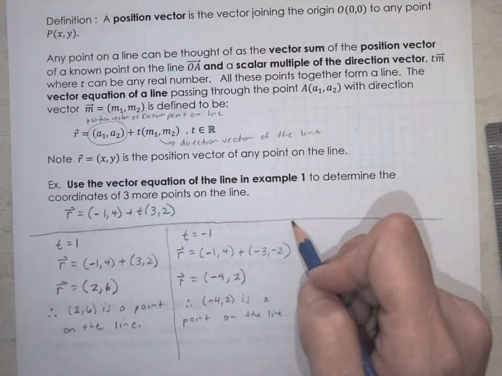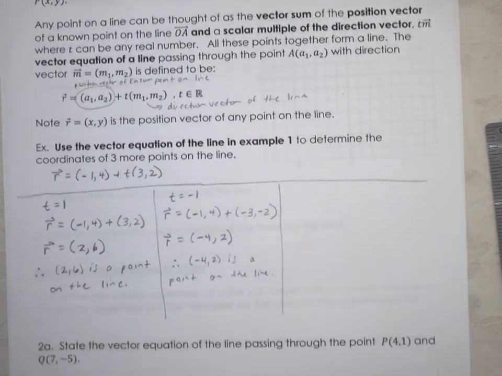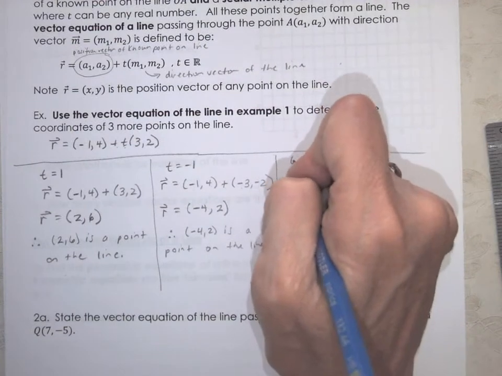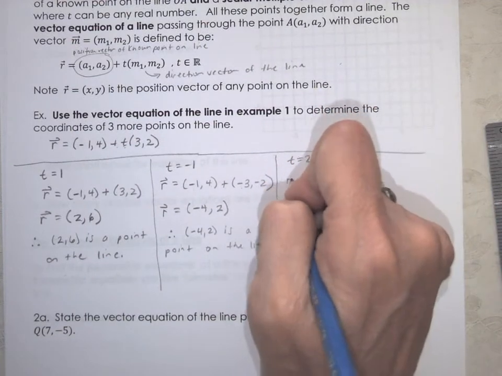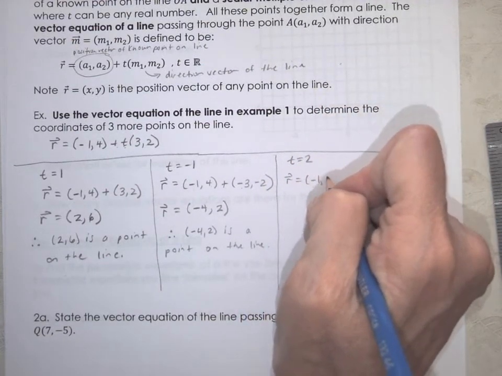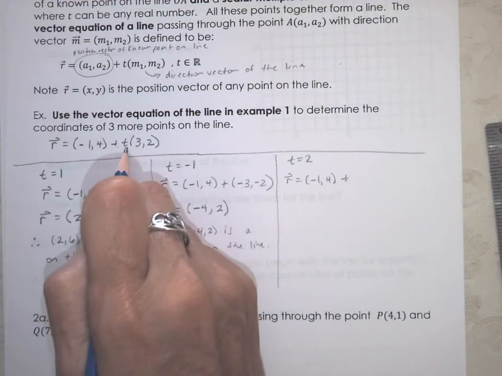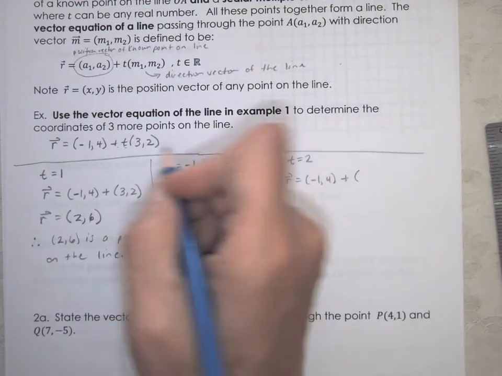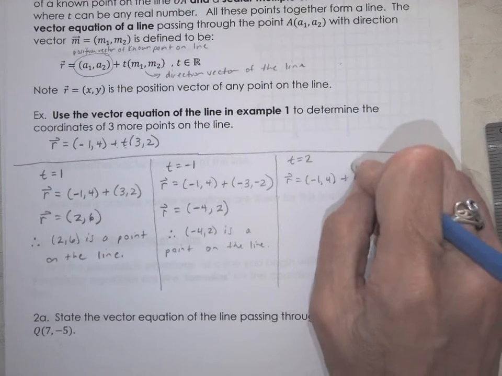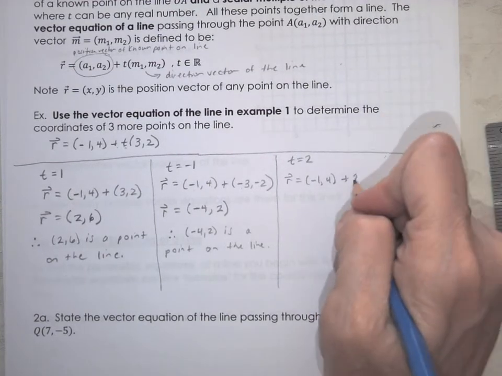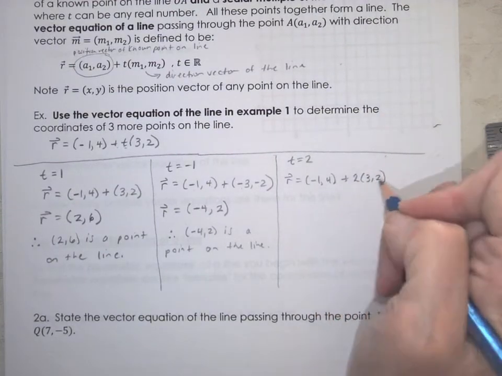And we can choose another easy number. I could choose t equals 2. r would be (-1, 4) plus, so if t is 2, 2 times (3, 2). I'll write that in for a change because I haven't been. So 2 times (3, 2).